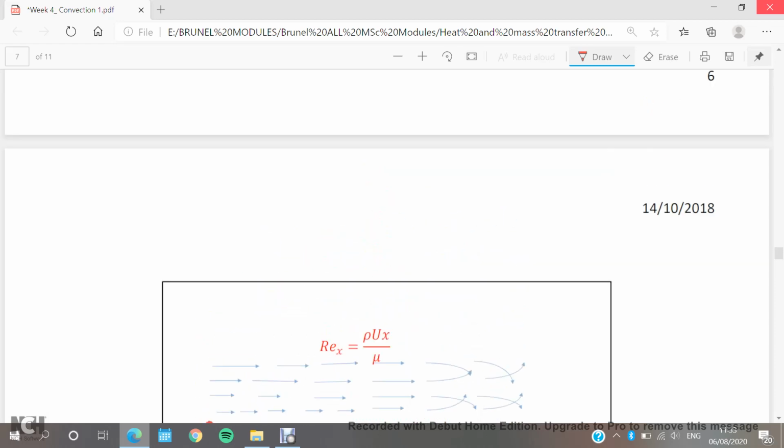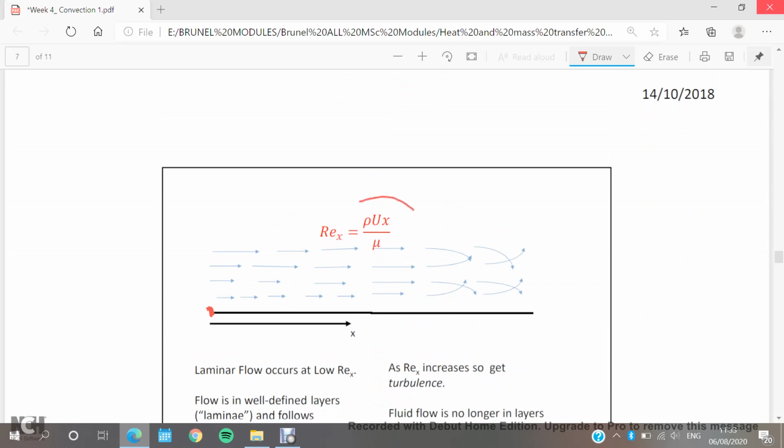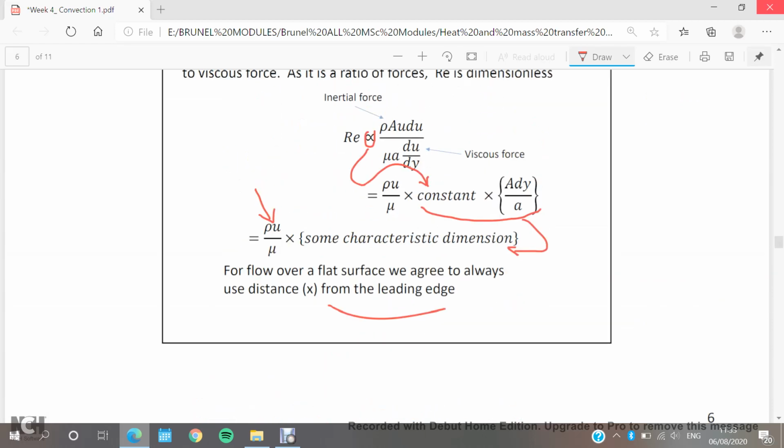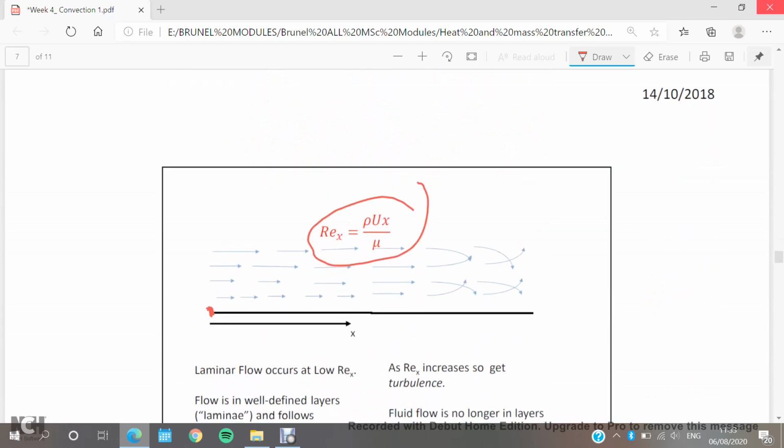Okay, so we said that the Reynolds number is a function of x, which is the distance from the leading edge, and we put rho u over mu, which are the three parameters we care about in the equation.